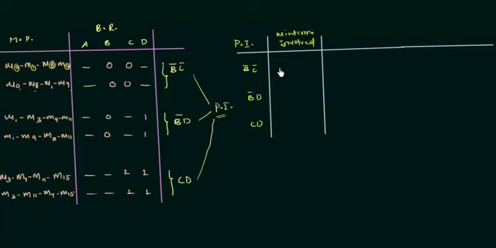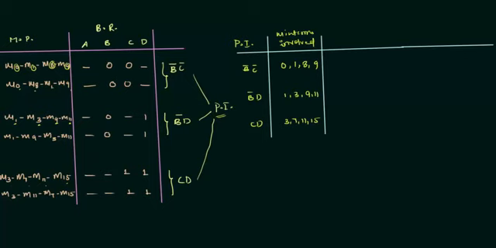So we are going to write it down 0, 1, 8 and 9. In the same way for B complement D we have 1, 3, 9, 11. For CD we have 3, 7, 11, 15. And also we have to write down the given min terms.